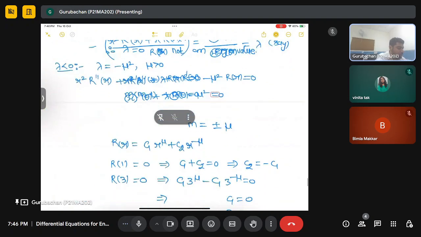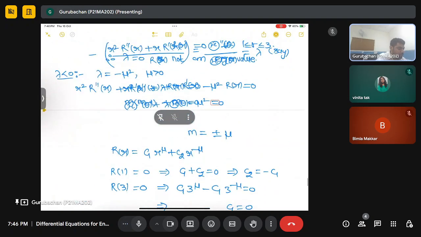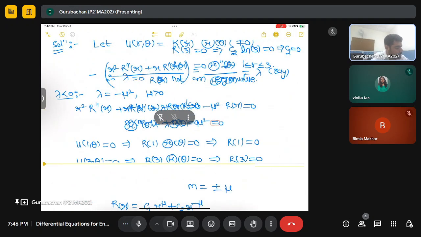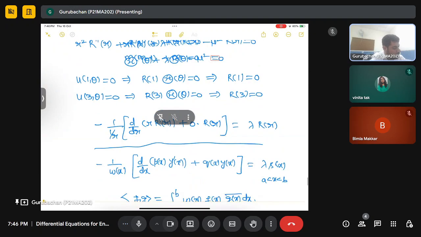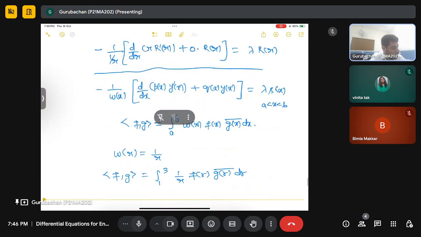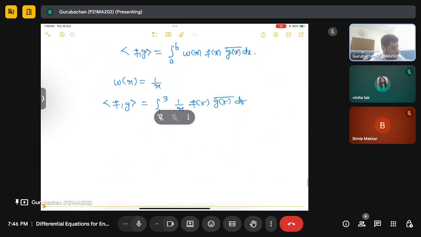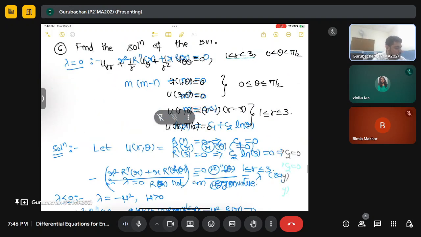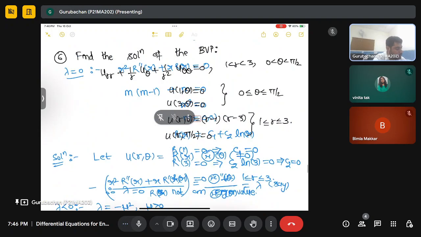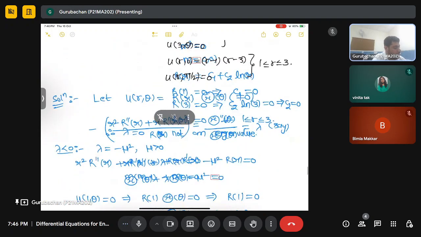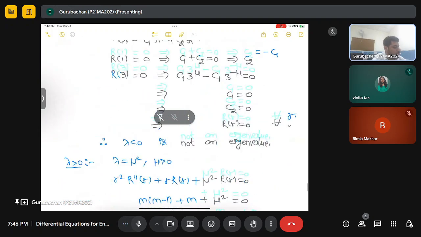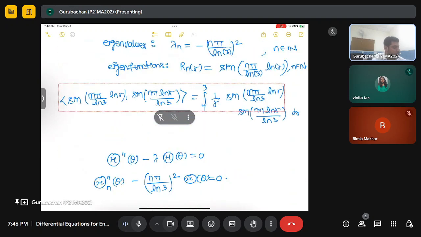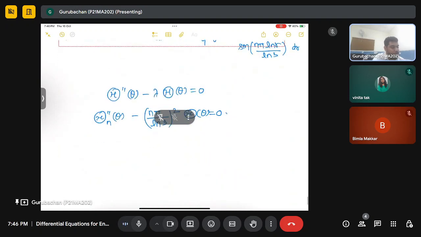Okay, I'll sort it some way. I don't know why it is overwritten, but I will sort it. So let us move to the next one. So if you talk about here, you have to find out the solution.